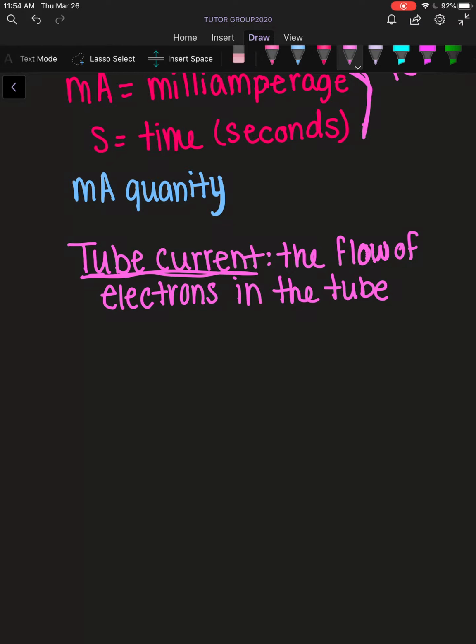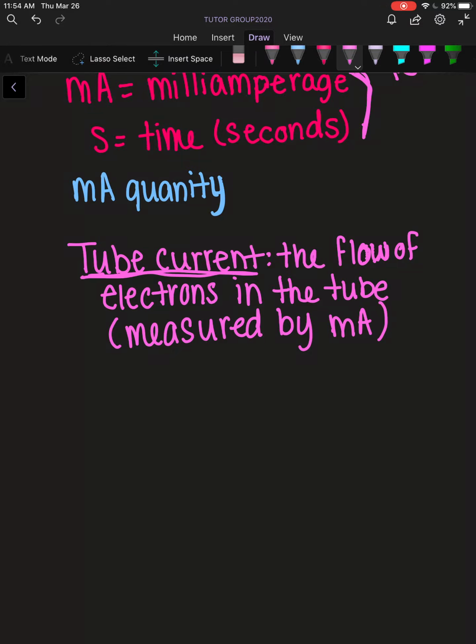And the reason you need to know about tube current is because tube current is measured by mA, which, don't forget, is milliamperage.